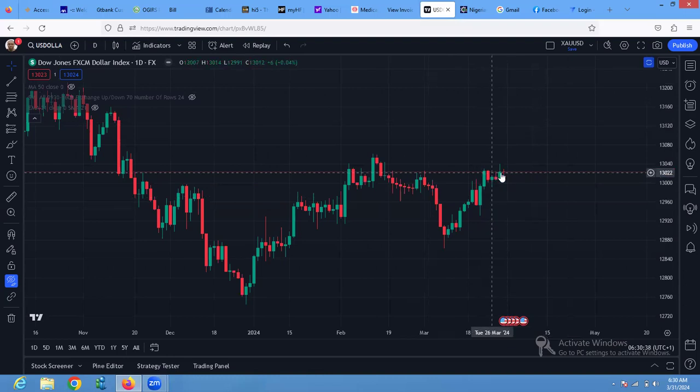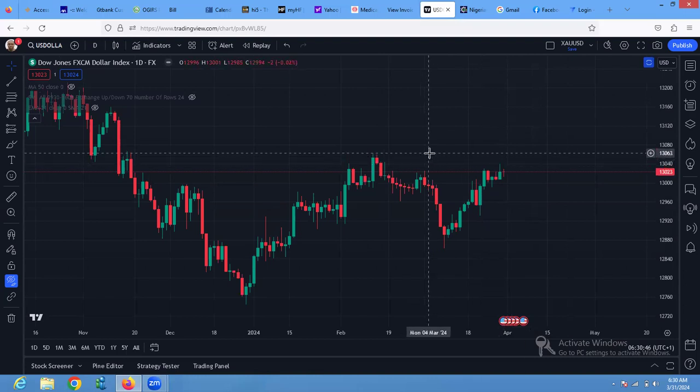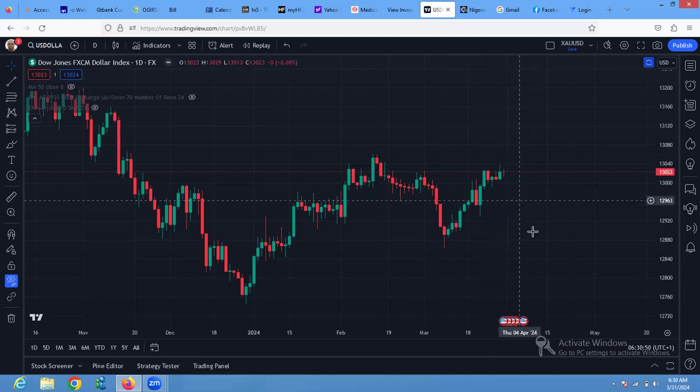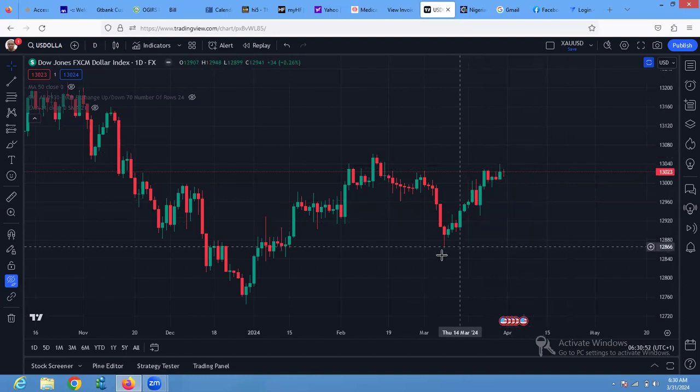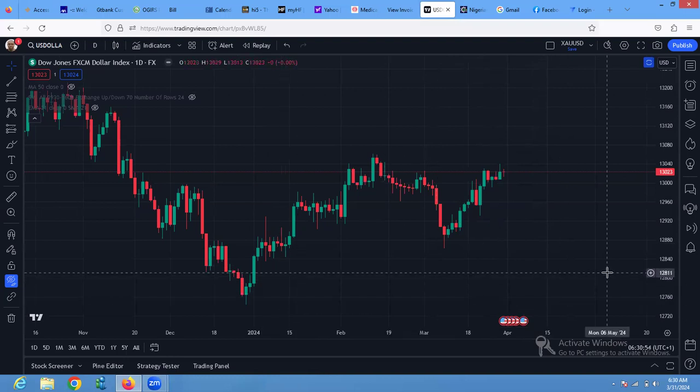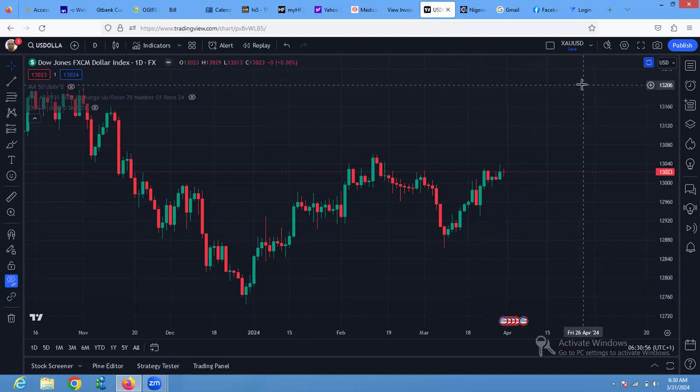So I see this, most likely we break up again, either kissing this top or not, come down to take the low, either break this low and take this low or not, then go up one more time.